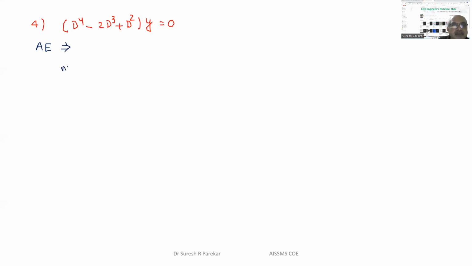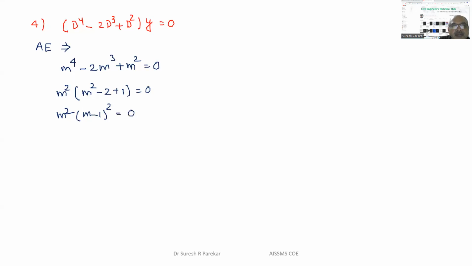So auxiliary equation m⁴ − 2m³ + m² = 0. Now from this we can take m² outside. So we can have m²(m² − 2m + 1) = 0. Now this m² − 2m + 1 we can directly write as (m − 1)² = 0.